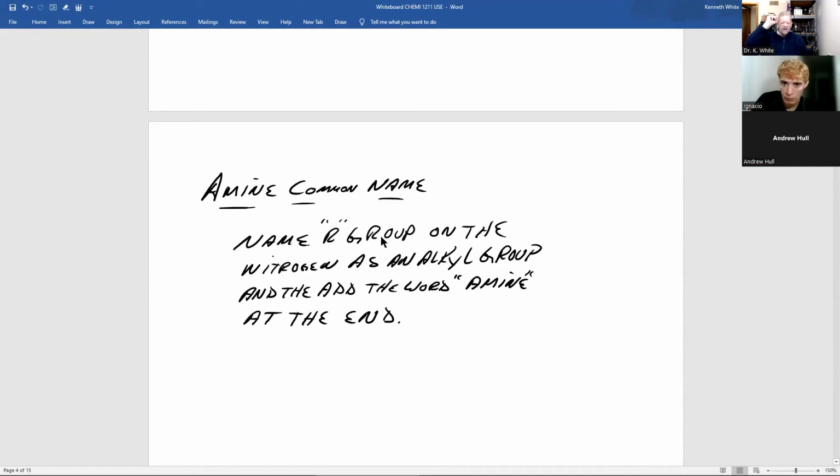So how do you use common names? Name each R group on the nitrogen as an alkyl group. And then at the end, add the word amine.